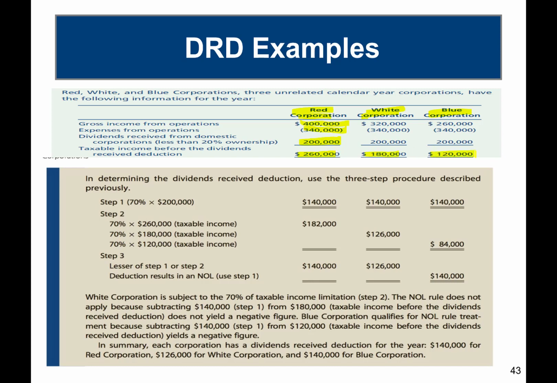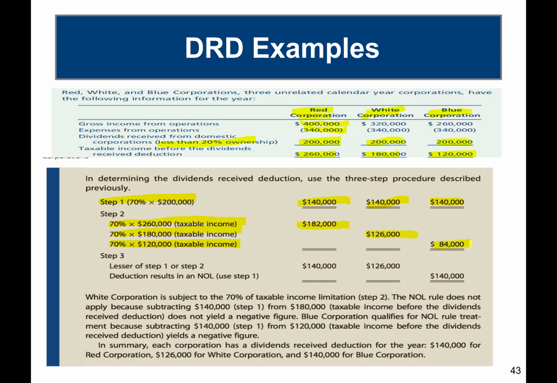Now step 1: they all got 200,000 of dividends, and it's 70% because it's less than 20% ownership, so we have 140, 140, 140. Then we take the taxable income, including the dividend, before the dividends received deduction, and multiply those by the appropriate 70%.